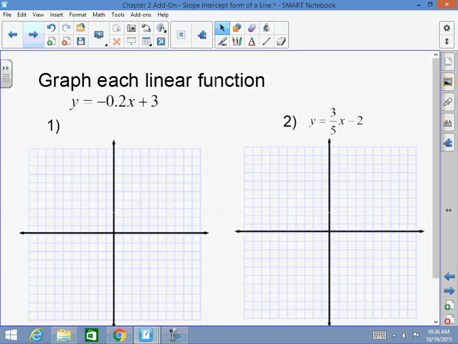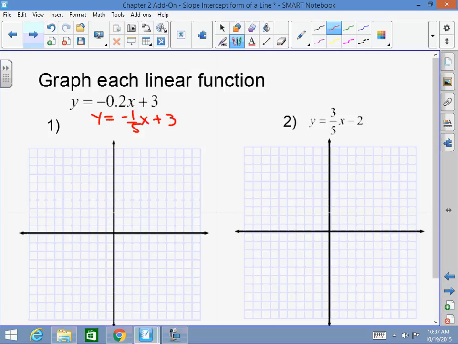Slopes, as we already talked about, can never be written as decimals or as mixed numbers when we're dealing with actually graphing them. There's nothing wrong with this equation, but in order for me to graph it, I need that decimal as a fraction. So this is y equals negative 1/5 x plus 3.